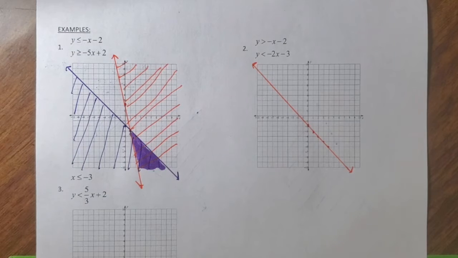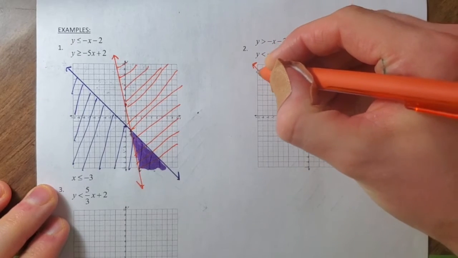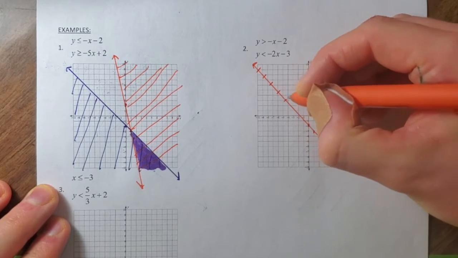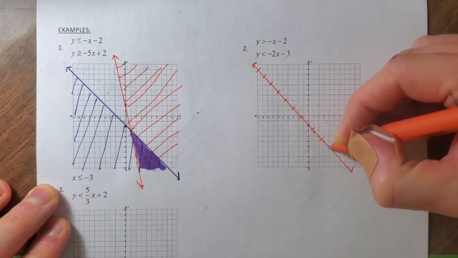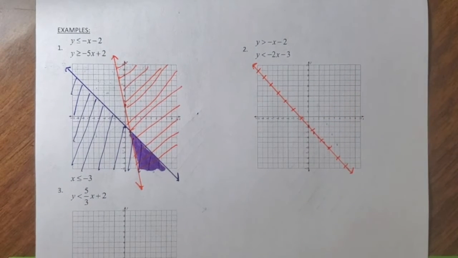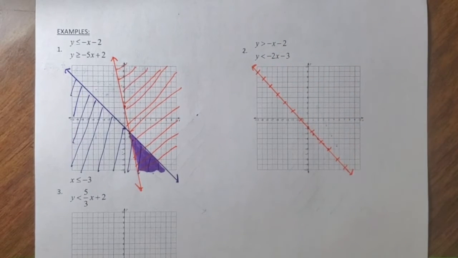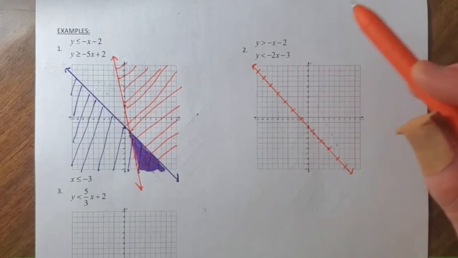The only thing to note now is that since we don't have the or equal to component, we need to make sure that we're using dashed or dotted lines, which, to make it a little easier for you to see, I think I'm just going to make them with tick marks. So we've got a dashed line here because we have a strictly greater than sign. Then we've got a strictly less than sign with a new line here.